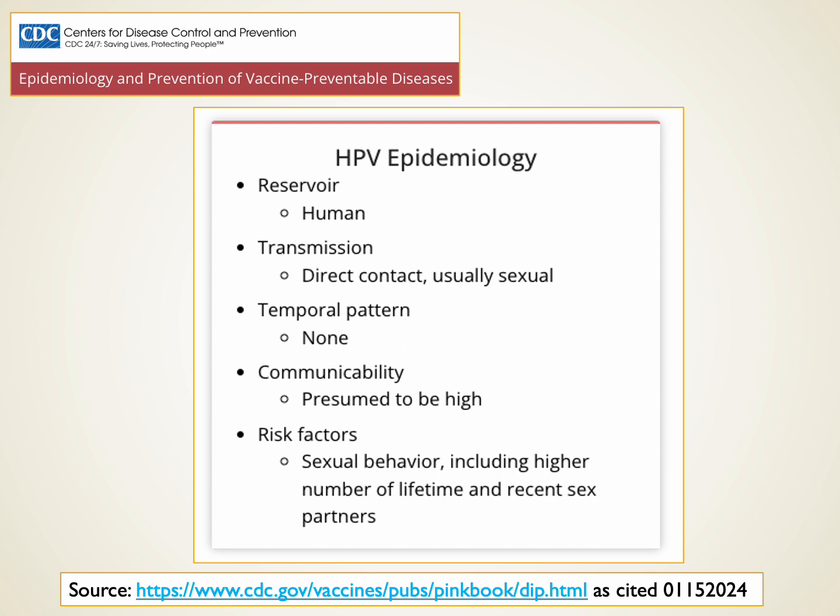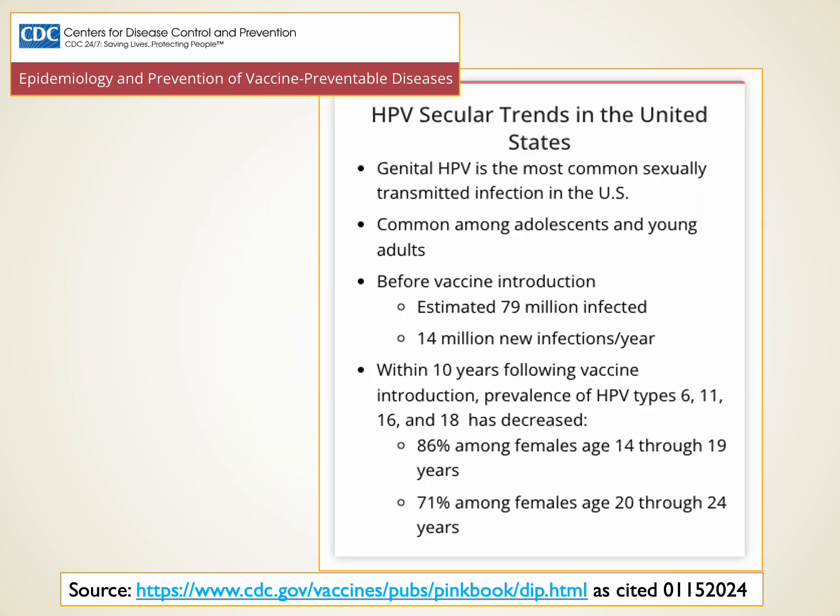So the epidemiology: primarily direct contact, usually sexual, but not always, for human papillomavirus. The trends are that it is one of the most common sexually transmitted infections in the United States.